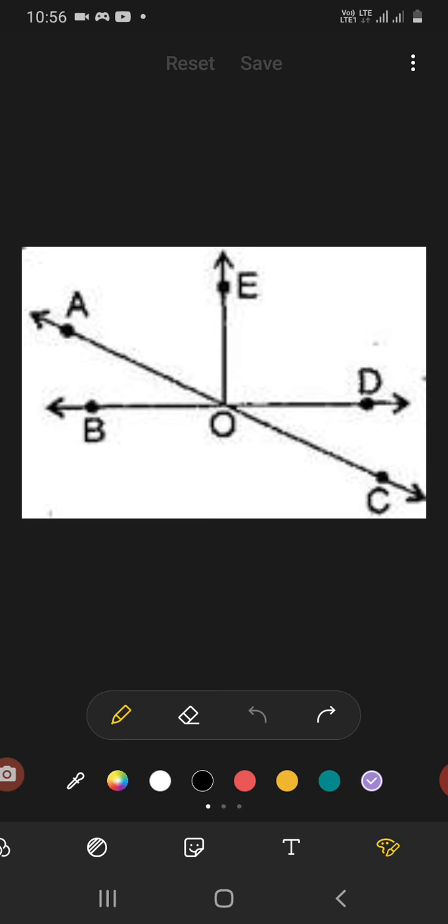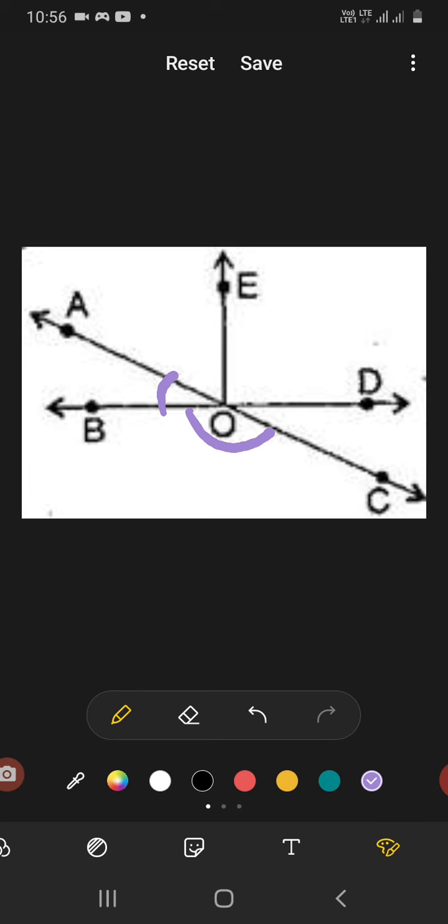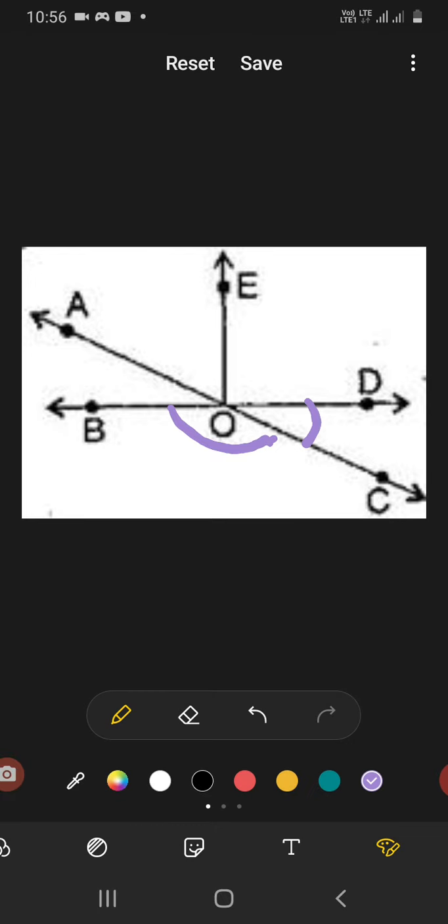Now AOB and BOC: this also, the sum of these angles is 180 degrees but not equal. Now BOC and COD: this also, the sum of these angles is 180 degrees but not equal. And next is AOD and DOC. Okay.